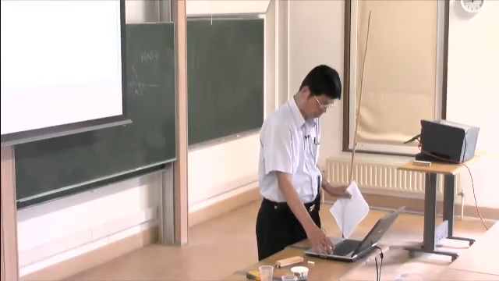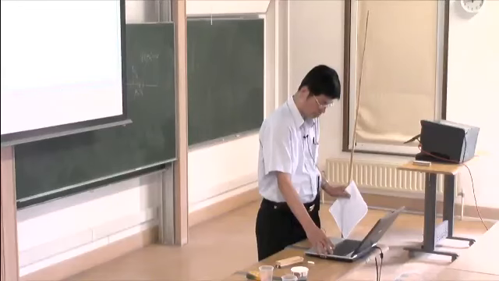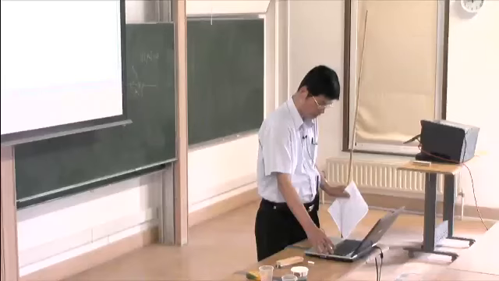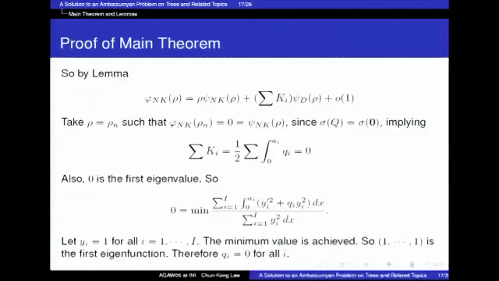And so using this, we can prove the theorem by first showing that the sum of the k_i which appear in the formula, the sum of this potential, is 0, and then knowing this one, we can check that 0 is the first eigenvalue.